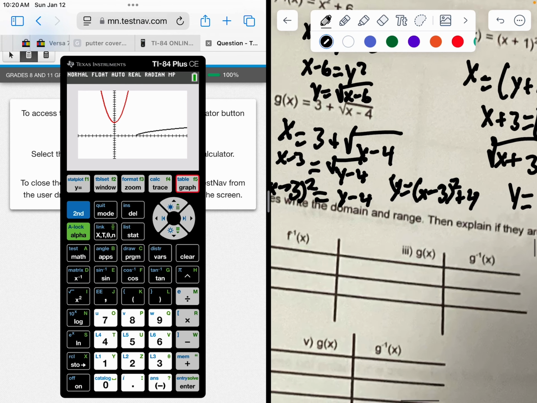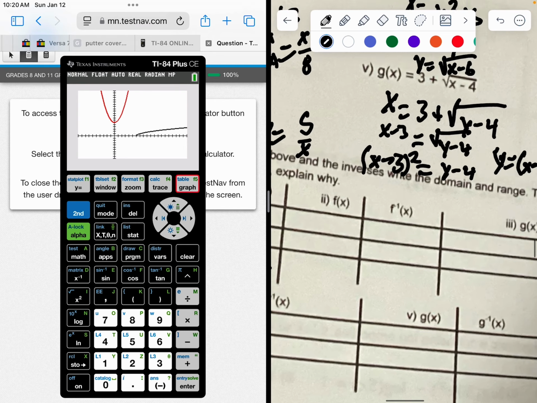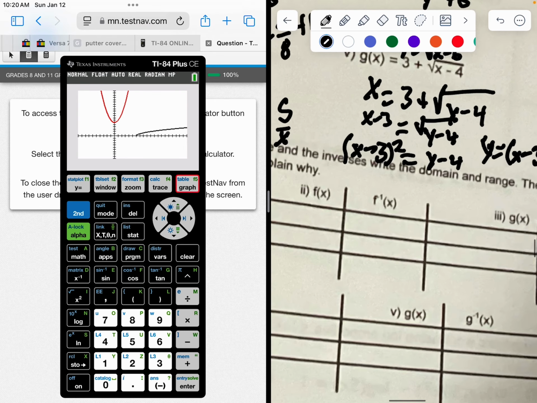Looks a little something like that. f of x is the red one, I believe. Yep.